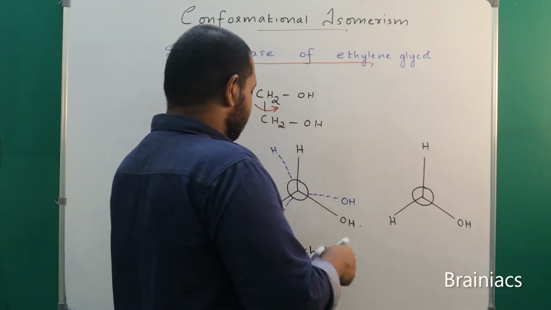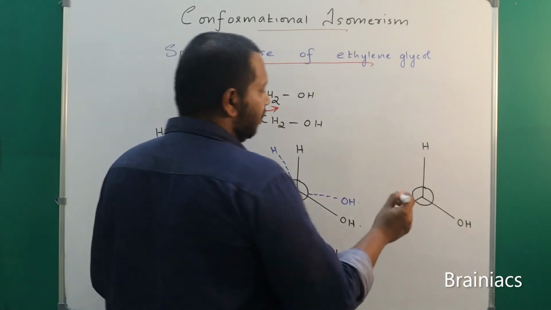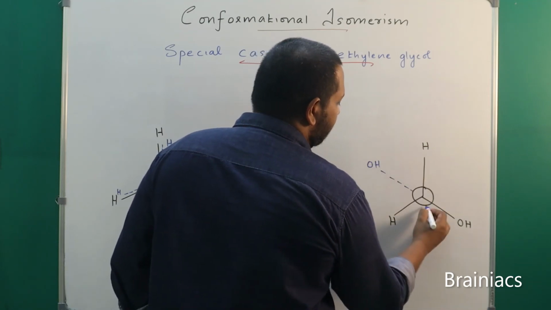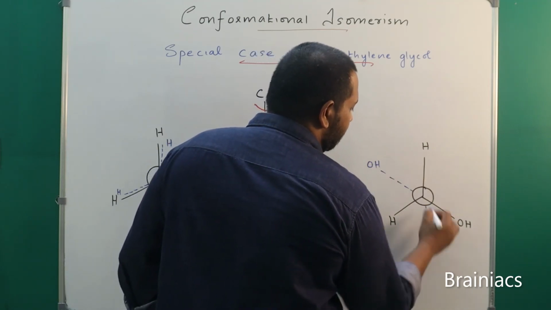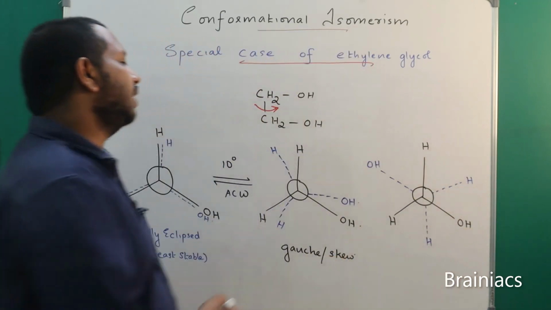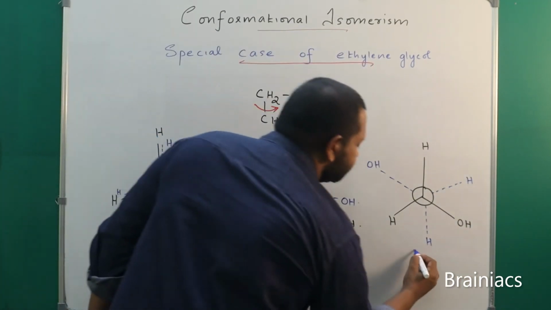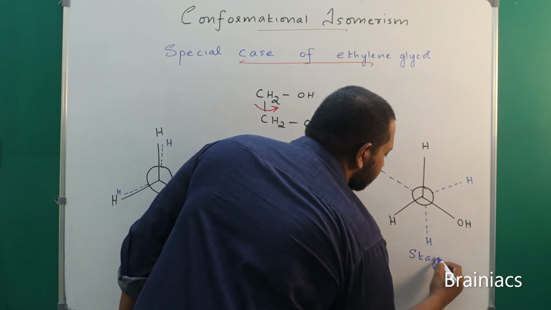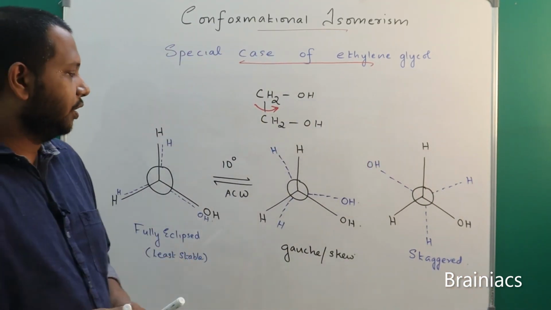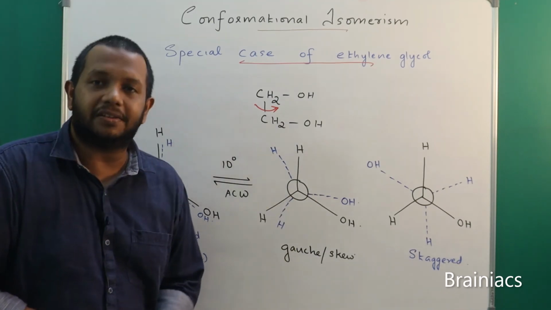And in this one the OH will be just diametrically opposite. Hydrogen will be diametrically opposite. This will also be diametrically opposite. So this is the completely staggered form. So I can say here the gauche form is more stable than the staggered form.